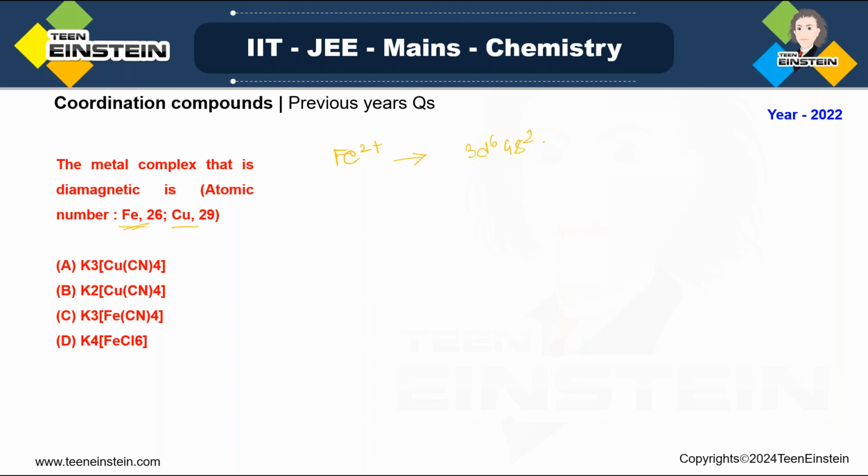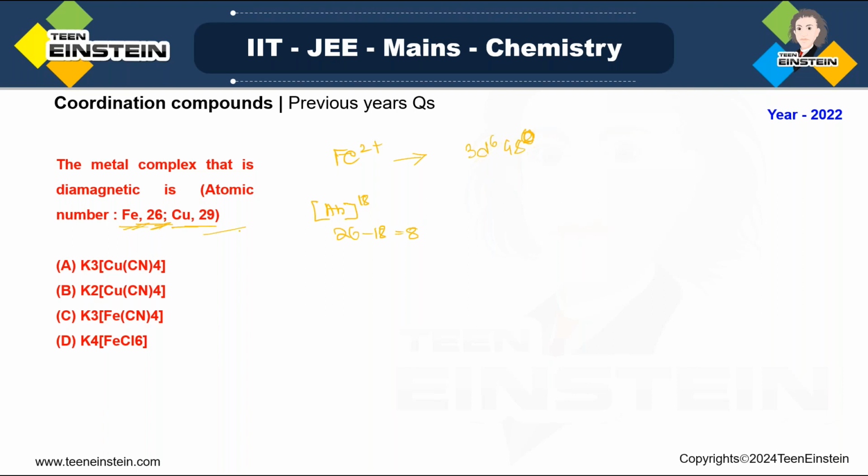But when it is 2 plus, the 4s will be 0. Why is this information given? So that you can understand that after argon configuration, argon is 18. How many electrons are left? 26 minus 18, that means 8 electrons left. So that is why it is 3d6 4s2.